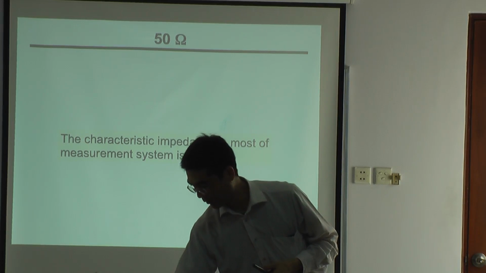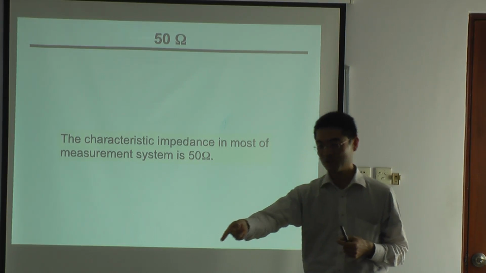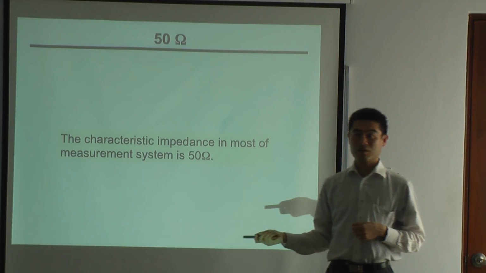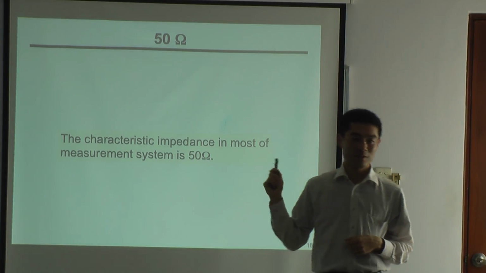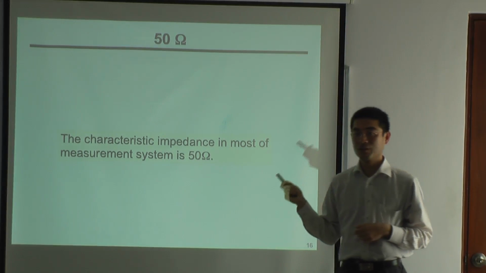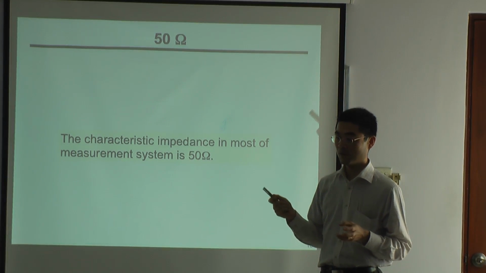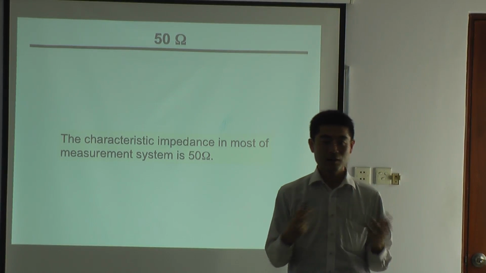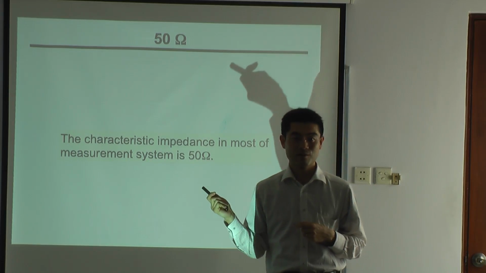And this cable may be 50, actually, I'm not sure about it. But in most cases we use 50 ohm characteristic impedance, and we often call it system impedance. So system impedance is about 50 ohm also. When you are designing circuits, in our circuit world, 50 ohm is a standard.